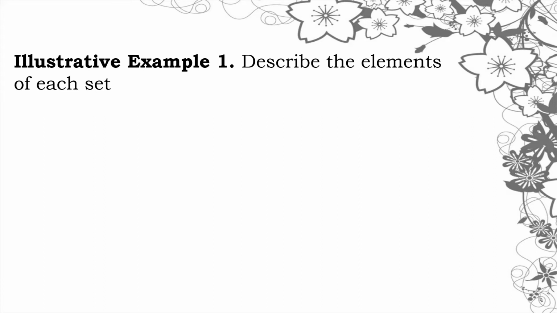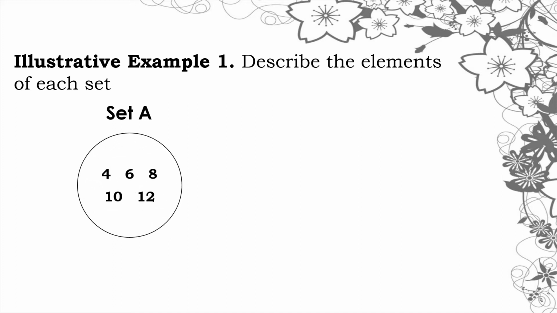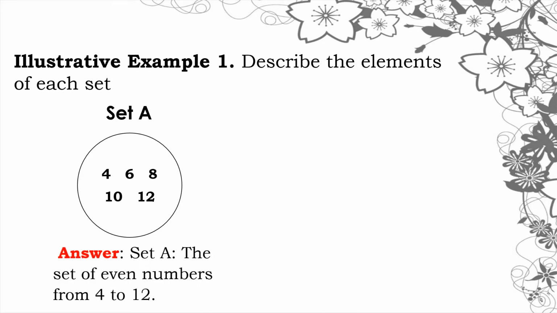Moving on to illustrative example 1. Let's describe the elements of each set. The first set, we have set A: 4, 6, 8, 10, and 12. How do you describe the elements of set A? The answer is set A is the set of even numbers from 4 to 12.